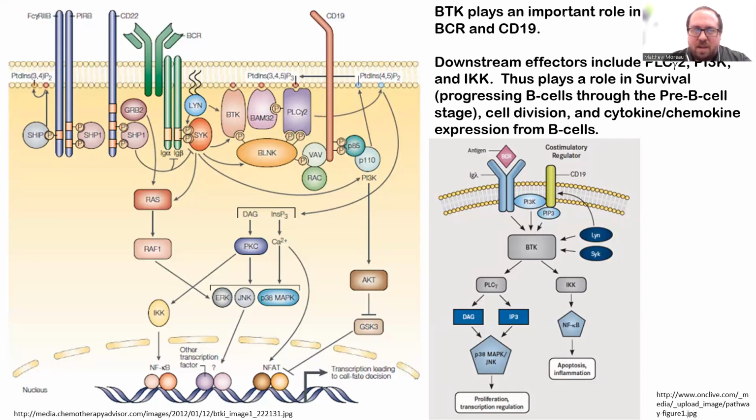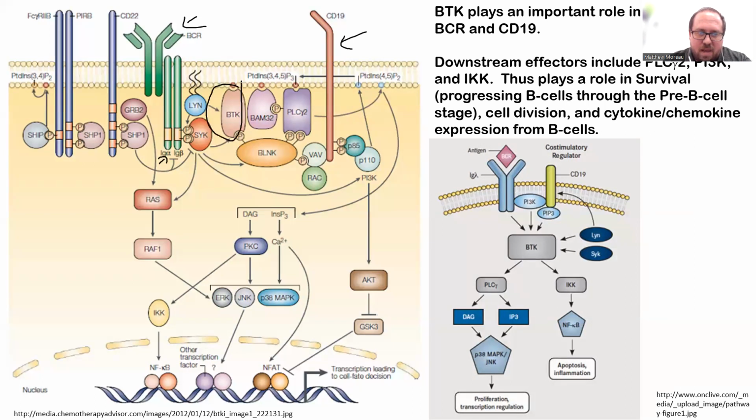So here is BTK and what it does. BTK plays an important role in signaling through the B cell receptor and CD19. So here's CD19 as a co-receptor here. Here's the B cell receptor. Here's immunoglobulin alpha and beta. And here's BTK.